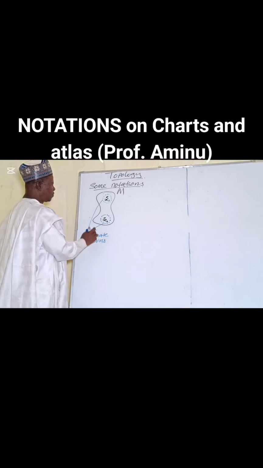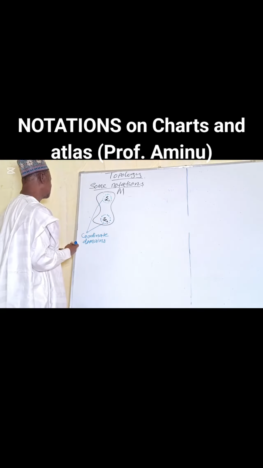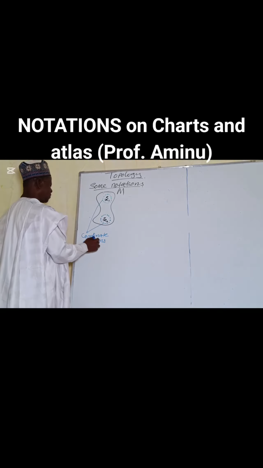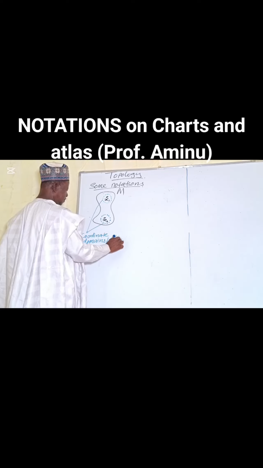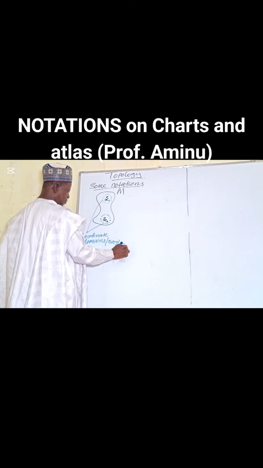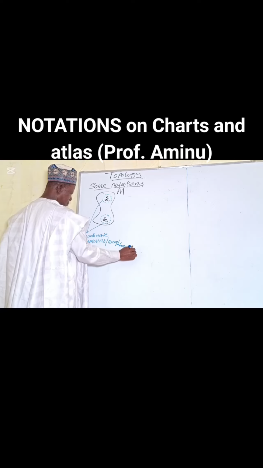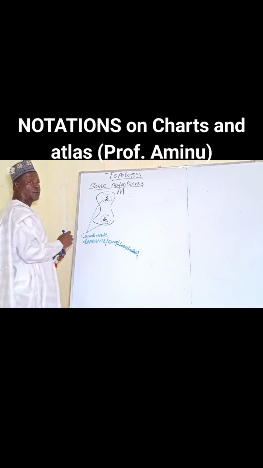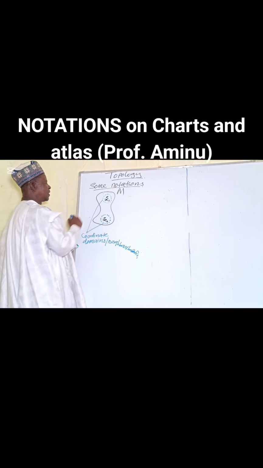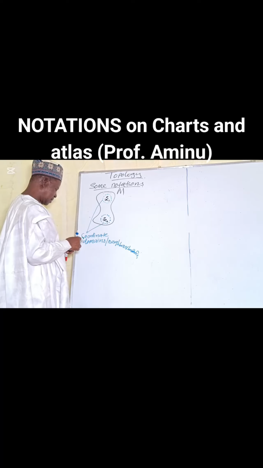Okay, we call them coordinate domains. That's the name. Or some call them neighborhoods. Some call them coordinate neighborhoods or coordinate domains in a manifold M.